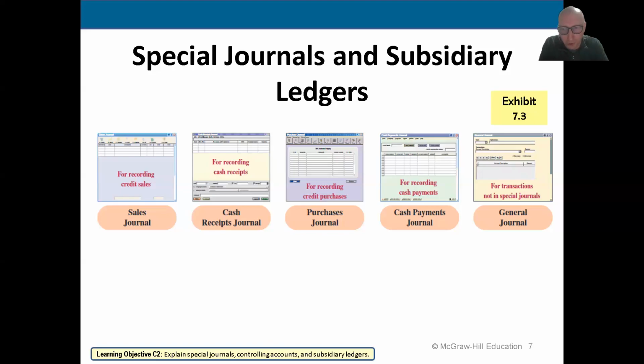A special journal is an area for you to do adjusting entries or large general journal entries. We call it a special journal.